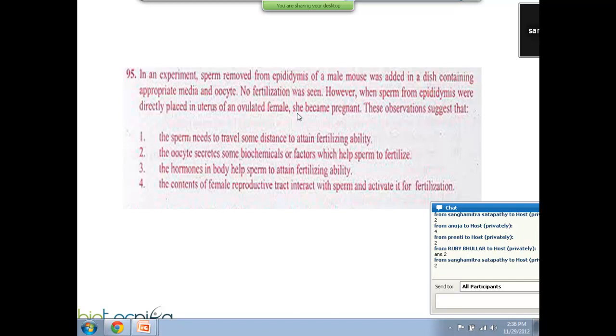It has to cross your zona pellucida, and then it has to hit your plasma membrane. In that, it has to bind your zona pellucida 3, and then attach to your zona pellucida protein 2, and that will induce the hydrolytic activity of your acrosome.